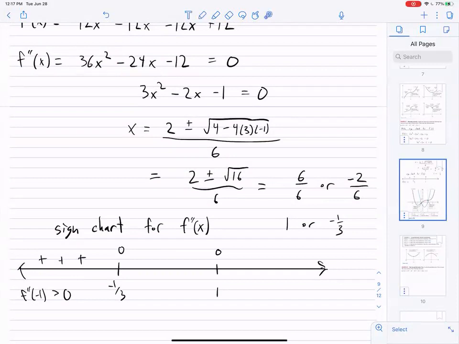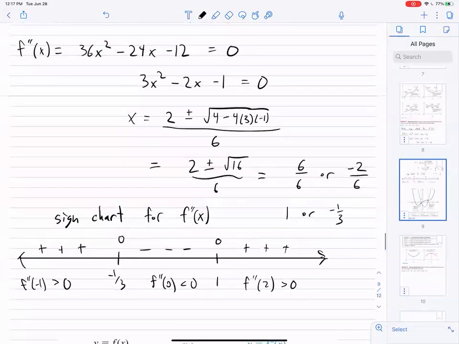If we plug in 0, f double prime of 0 is less than 0, so it's negative in the middle. If we plug in a positive number, like 2, that one will be much bigger than the other terms, so f double prime of 2 is positive. So it's plus, minus, plus. That means it's concave up, concave down, concave up.